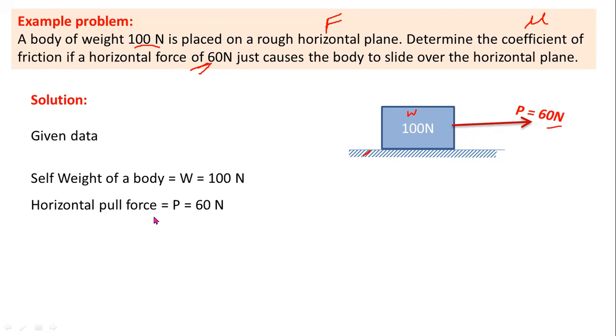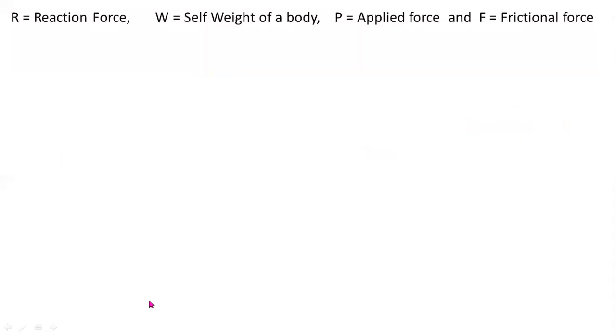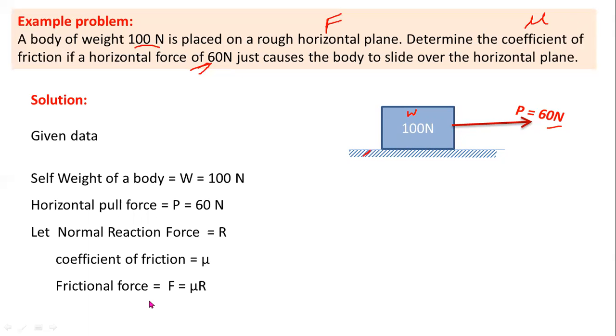Now let capital R be the normal reaction and coefficient of friction equal to mu, frictional force F equal to mu R. By using these two values W and P, you have to determine the reaction force, coefficient of friction, and frictional force.